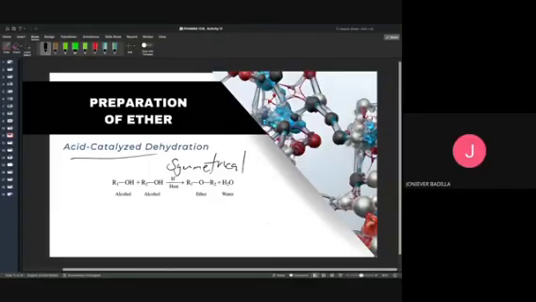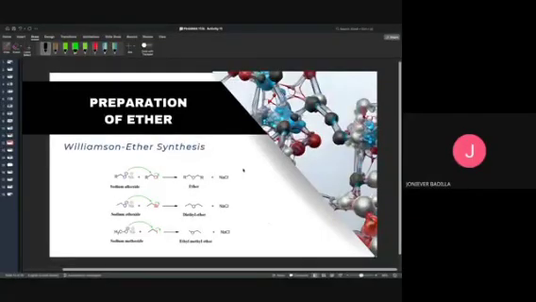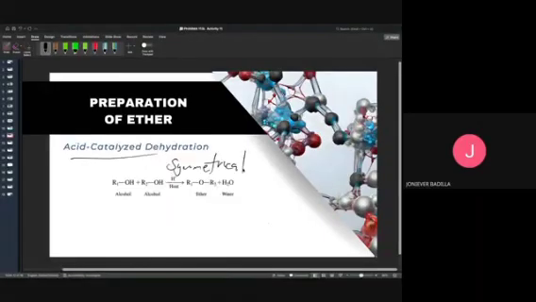So we will be recovering diethyl ether, dimethyl ether, or your methoxymethane, ethoxyethane. Now, for the unsymmetrical ethers, that is where we will be observing already your Williamson ether synthesis. But before we proceed with that, let us try to go over first your acid catalyzed dehydration.